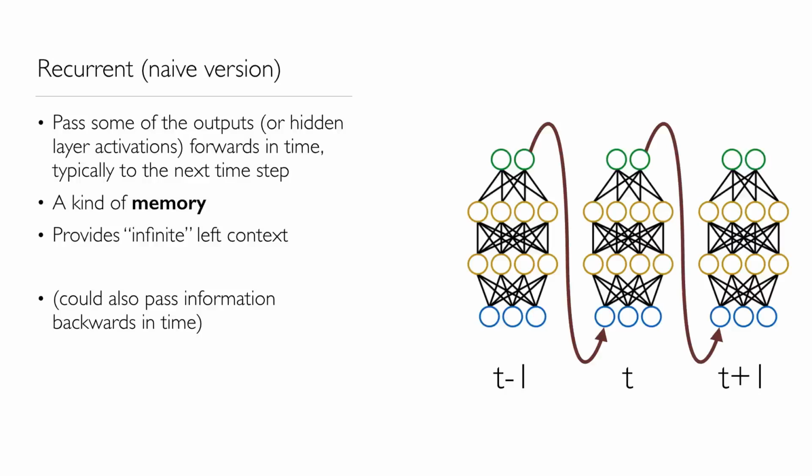So here there is a kind of memory. We can use that memory to remember the information in the past, or in the left context. Of course, we can also use the information from the future if we do the bidirectional recurrent.